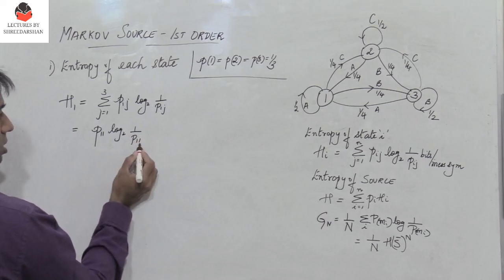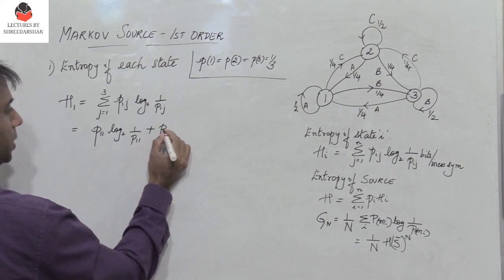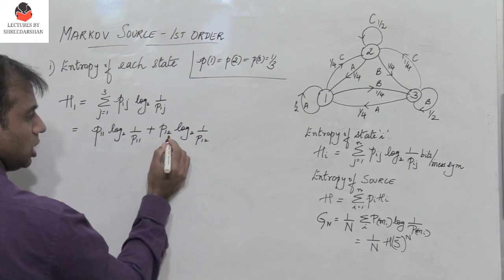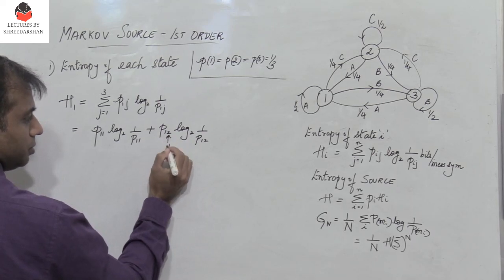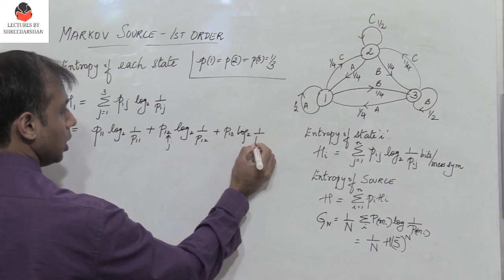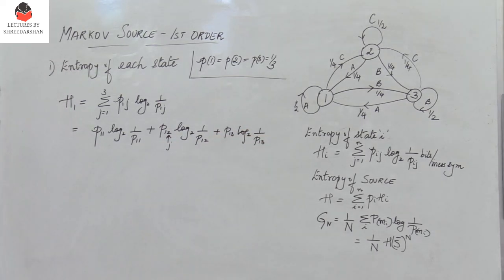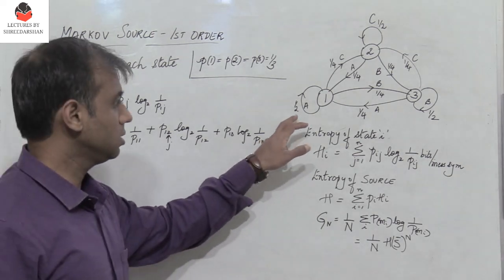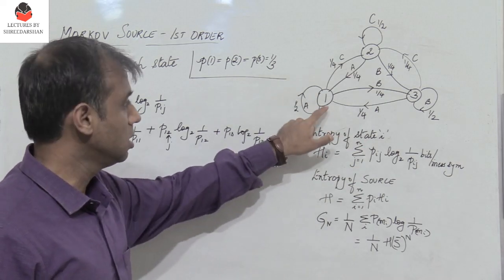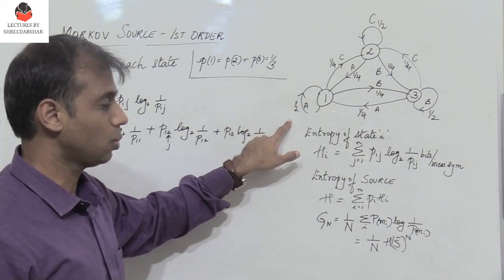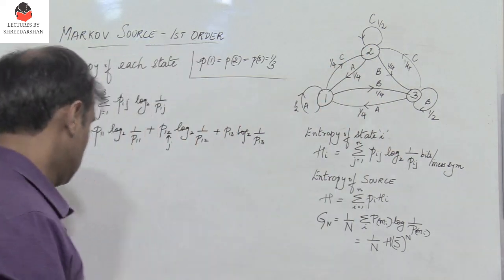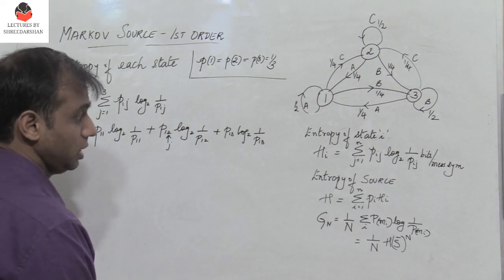So for the first case j is 1, plus P12 log to base 2 of 1 by P12. So what is j? j is 2 here. Plus P13 log to base 2 of 1 by P13, j is 3 here. It essentially means I'm actually finding the entropy of the state by considering the probabilities, that is, from state 1 to 1 is P11, P12 and P13. Right, so now I guess you got how to find the entropy of the state.